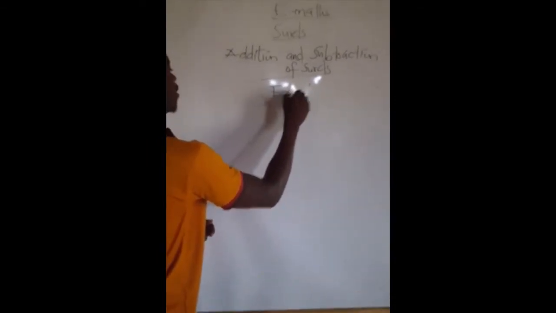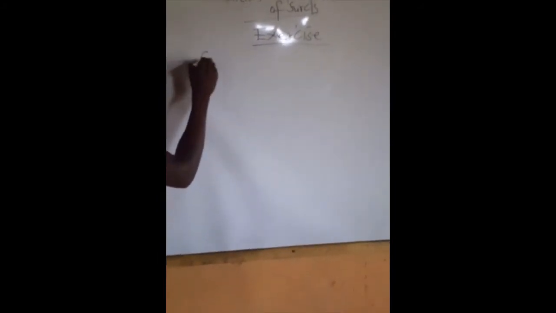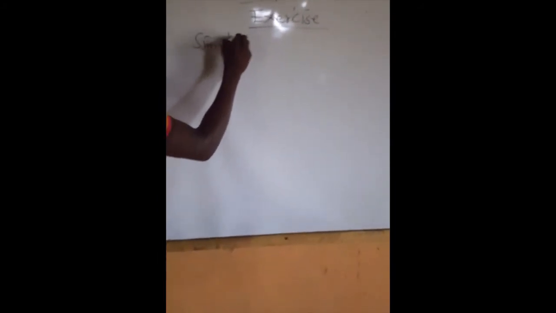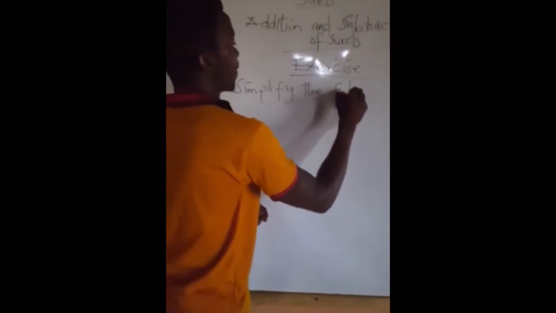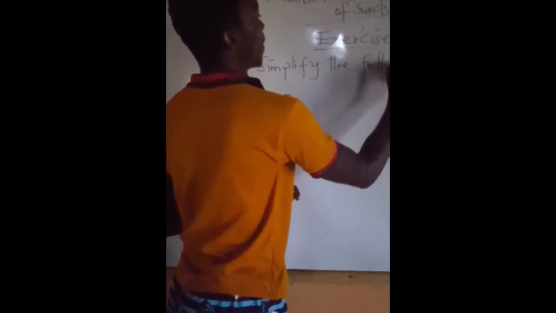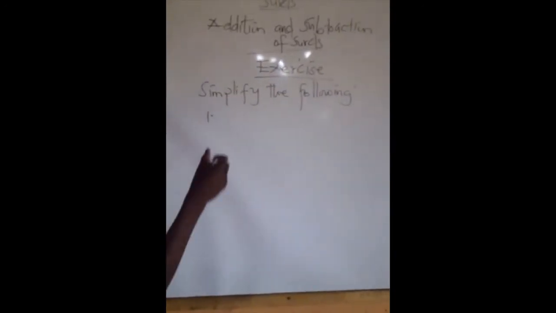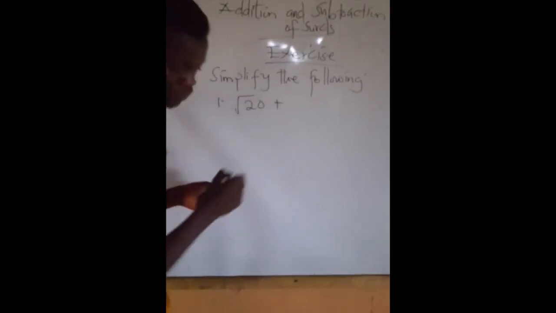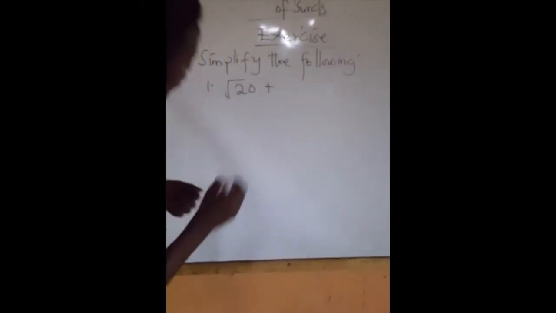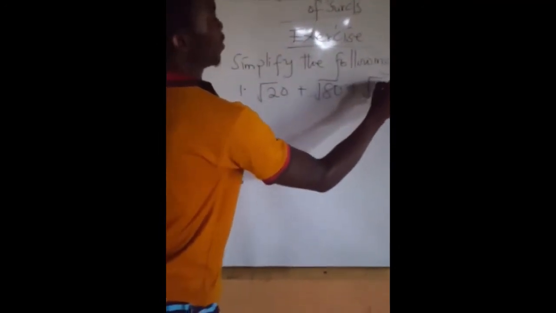Okay. So now let's take an exercise. Now under this we have simplify the following. Then number 1 is root 20 plus root 80 plus root 45.